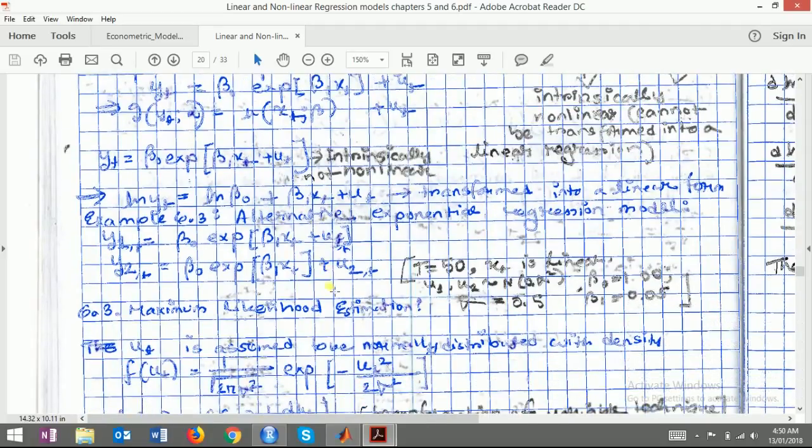Another example, 6.3, the alternative exponential regression models.